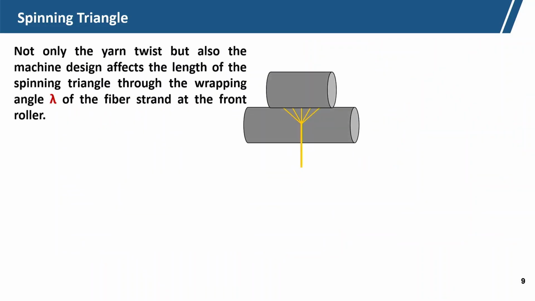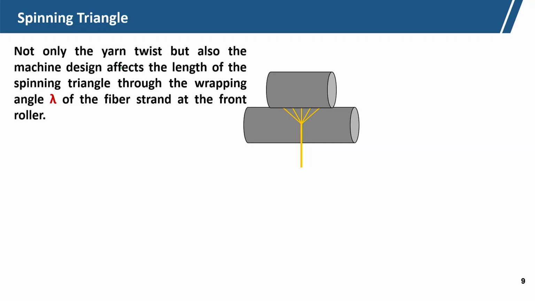Now, not only the yarn twist, but also the machine design affects the length of the spinning triangle. So, till now what we have seen, if we increase the twist, the length of the spinning triangle is reduced.